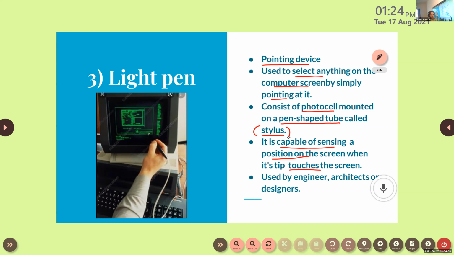The electric response which is sent is transmitted to the computer, which can identify the position on the screen at which the light pen is pointing. So this photocell helps us to sense and sends the signals. It is mainly used by engineers, architects, or designers. So this is all about the light pen.